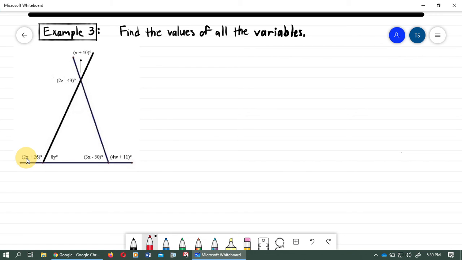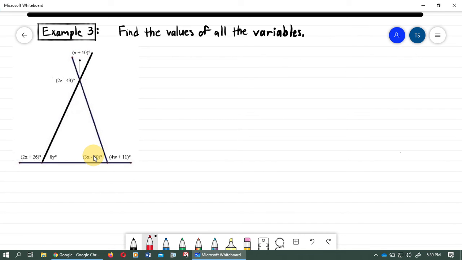This angle involving x is one of the exterior angles. This angle involving x is not one of the exterior angles, but it's technically on the outside of the triangle. And this angle for x is one of the interior angles of the triangle. So we got 3 different angles in this diagram that have the variable x.